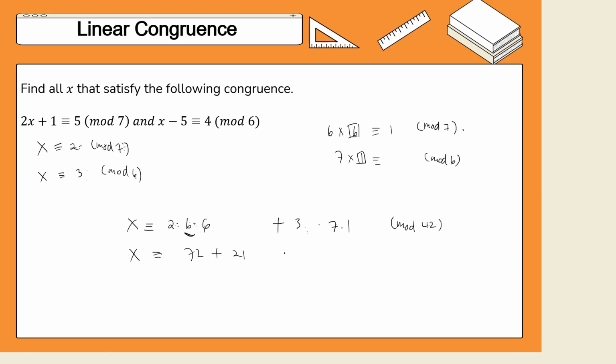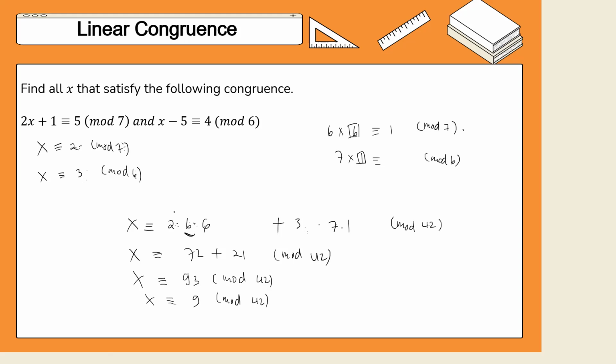Plus 21 modulo 42. So this is how you apply Chinese remainder theorem. The procedure is like this. X is congruent to 93. So you have 93, yeah. You can reduce 93 into the reduced number, so minus 84. 93 minus 84 is actually 9, modulo 42.